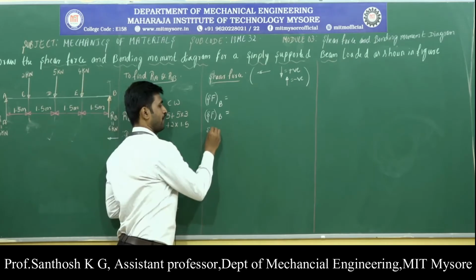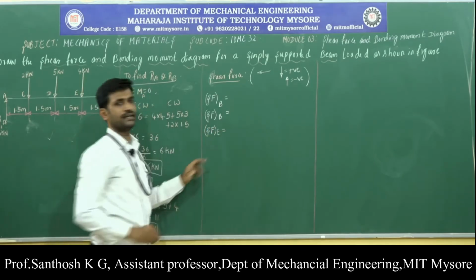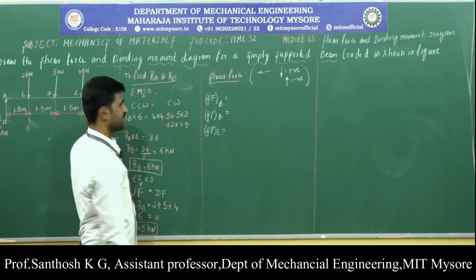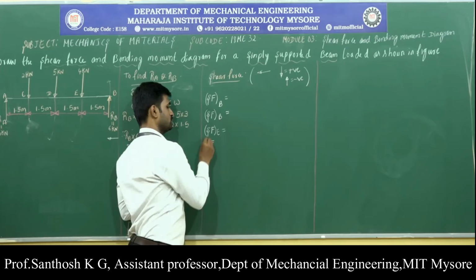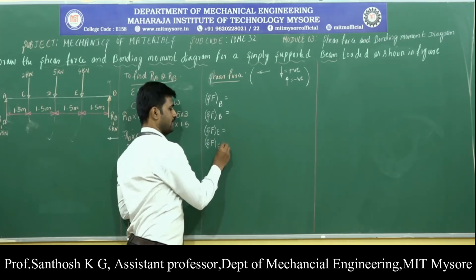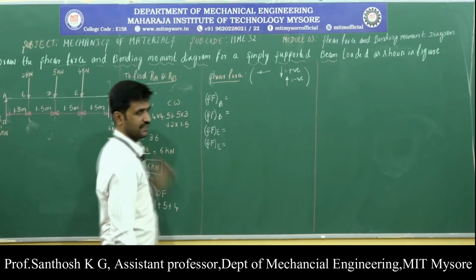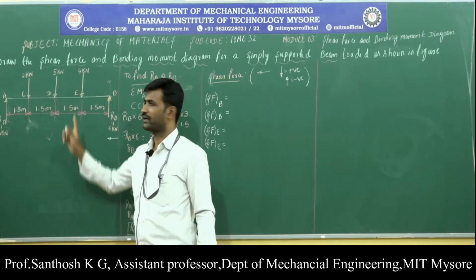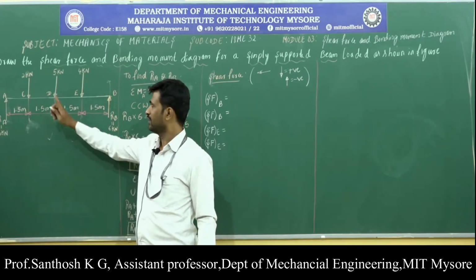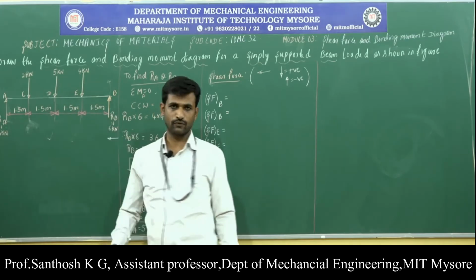So first we will find what is the shear force at point E by neglecting the shear force that is acting at E. Then we will find what is the shear force at the same point E by considering the shear force that is acting at point E. Similarly, the next point we are having is D. At point D also we are having one shear force.